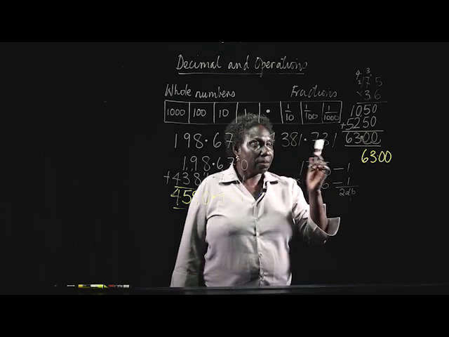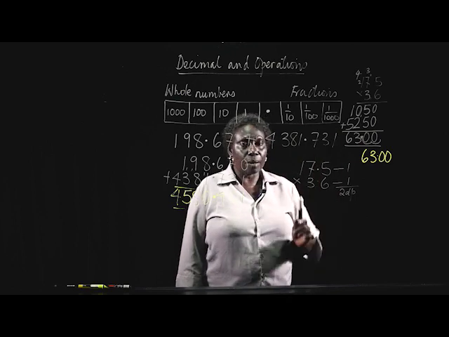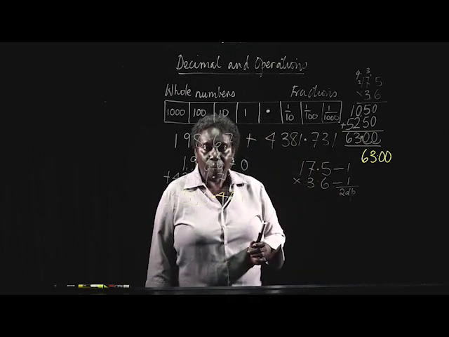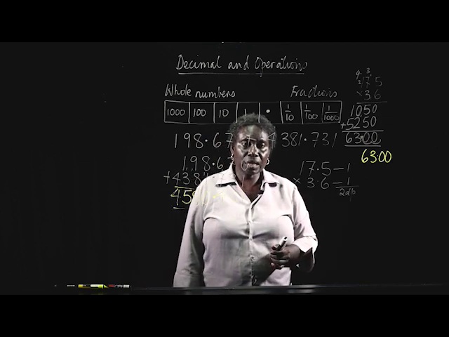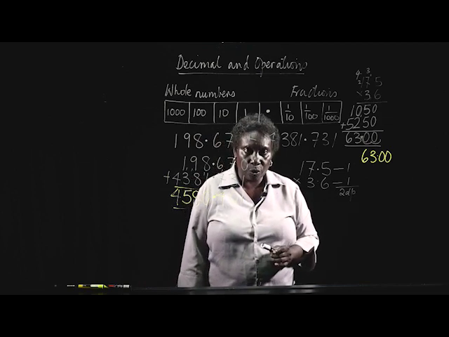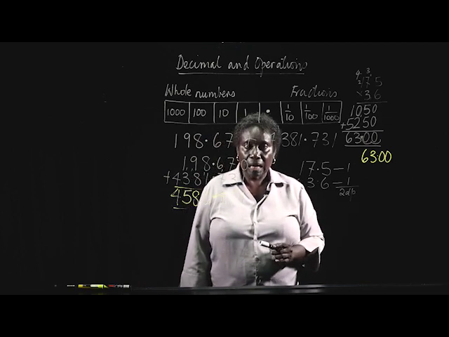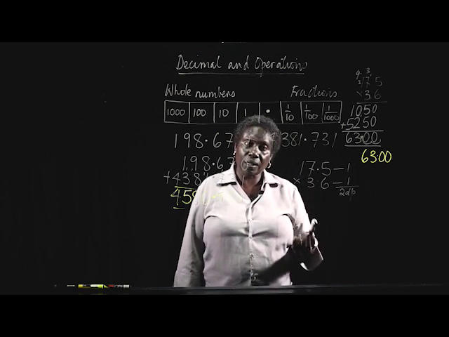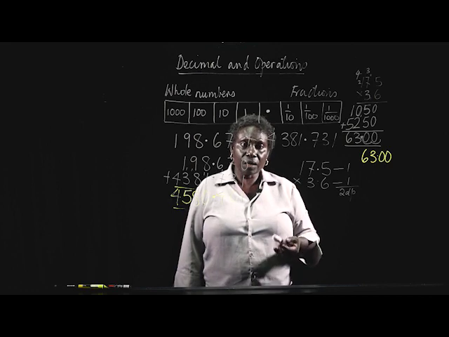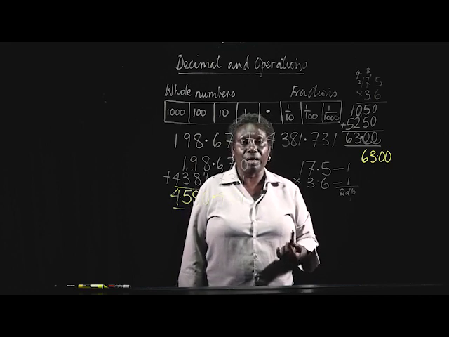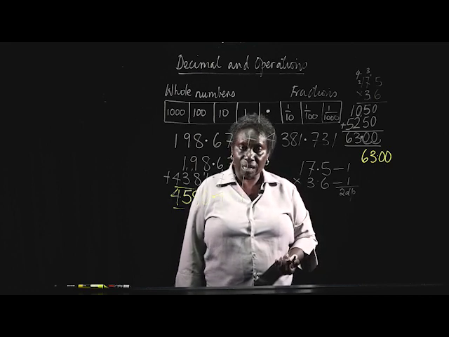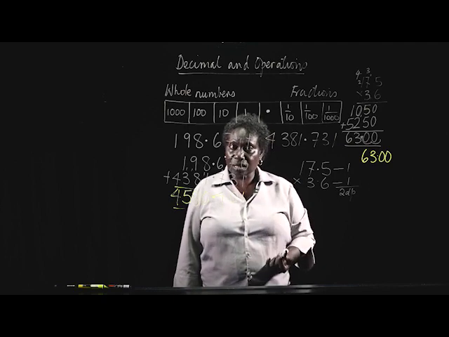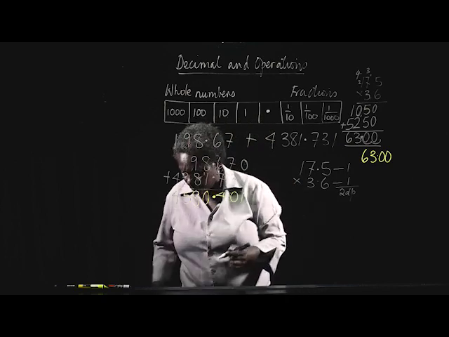Okay, that is the end of this example, and my next example is on multiplying decimals by tens. Now, when we are multiplying decimals by tens, we look at the number of zeros and we move to the right depending on how many zeros there are. Okay, let me start with the first example.